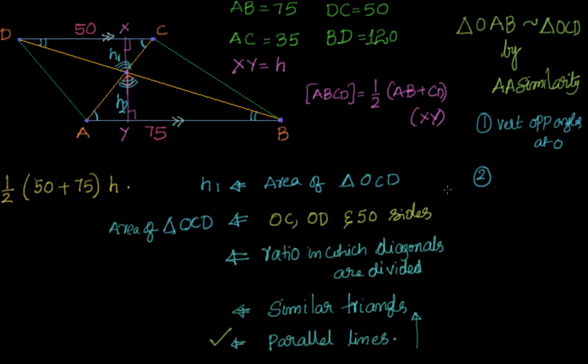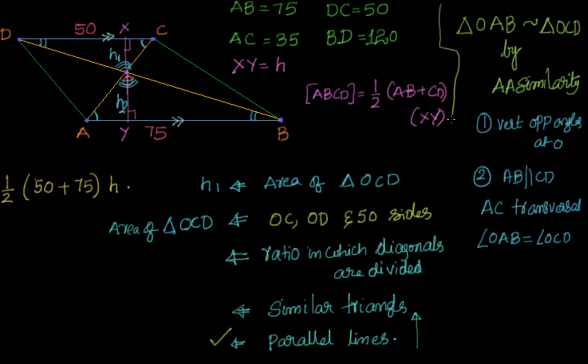And the second one: if you take AB parallel to CD, and the transversal is AC, that gives us angle OCD equal to angle OAB. Or can I say angle OAB equals angle OCD? Let me just put a line here.